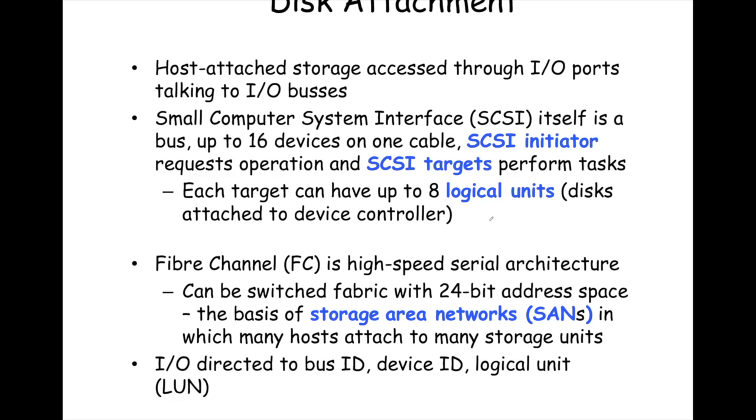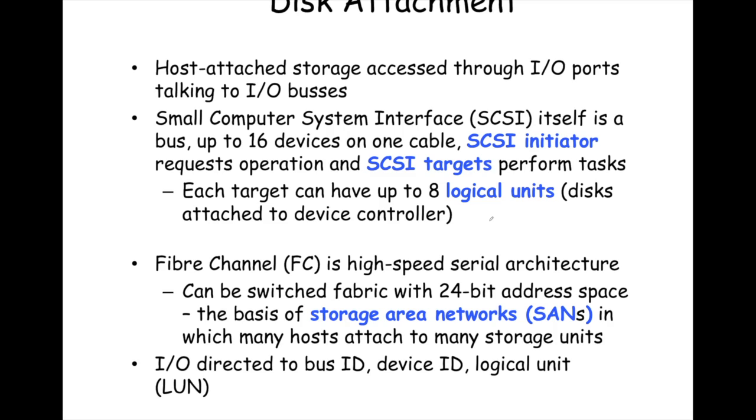It's a very high speed architecture, and it has a switching fabric, so you can switch units of data across it and address these devices uniquely. And so with fiber channel, you can build a lot larger connection among storage units, and these are called storage area networks, or SANs.